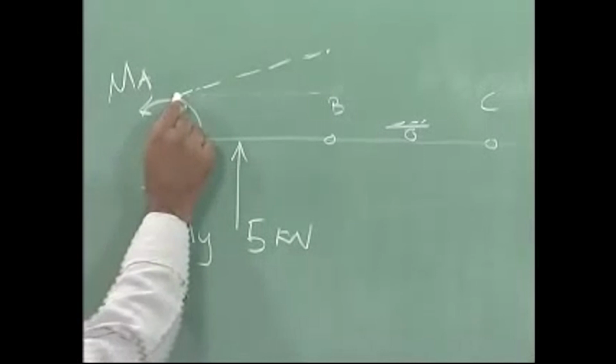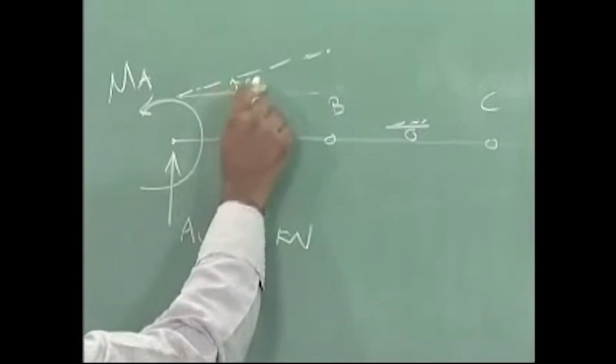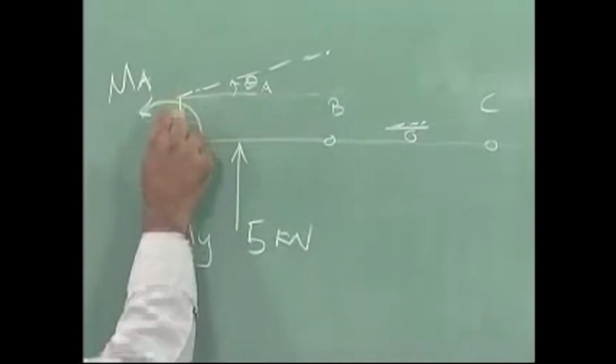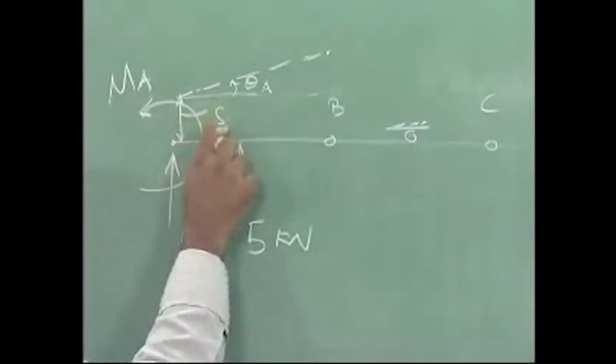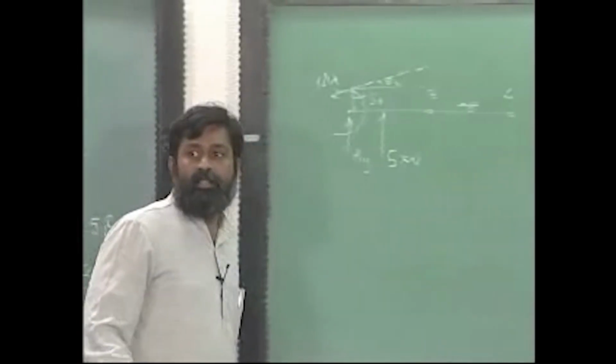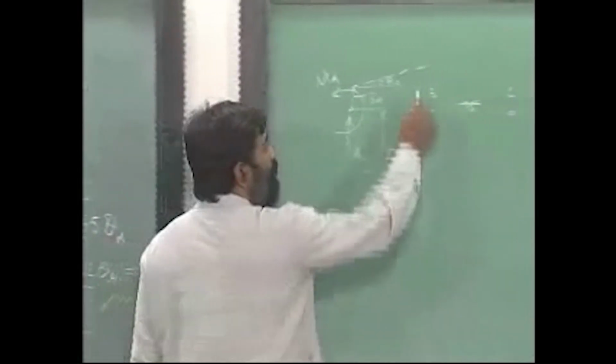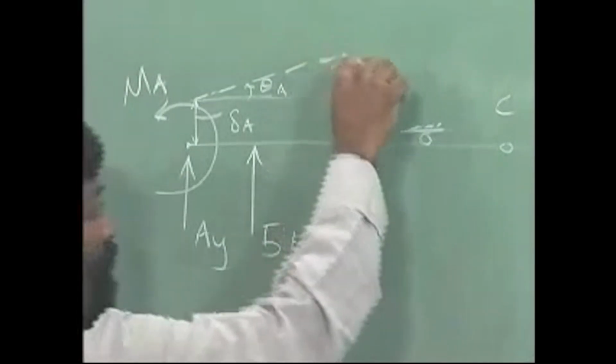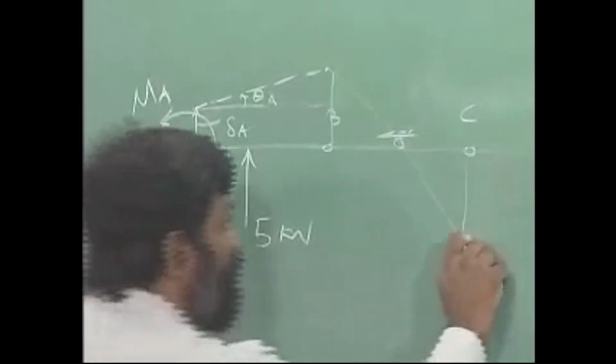Okay. So this is the rotation theta A, this is the displacement delta A, and find out consistent to this. So you know how to find out this, from which you will find out this, from which you will find out this.